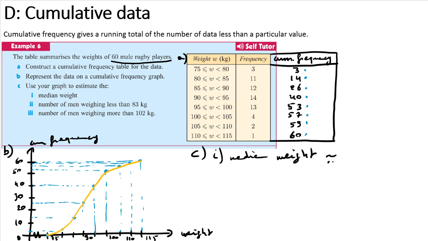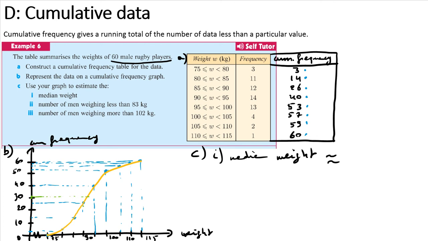The median weight, we have in total 60 male rugby players, so that must be the weight between the 30th and 31st. So here we have 30 and 31 is somewhere here, so that's in the middle.